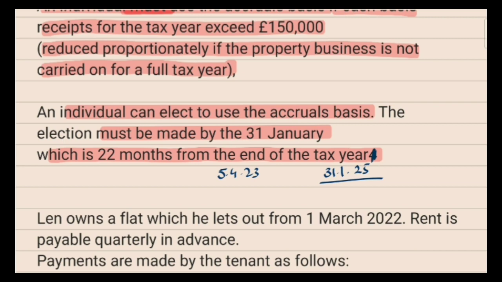So this can be asked from you as an MCQ: if you have to choose the accrual basis for the tax year 22-23, what is the date by which that election can be made.